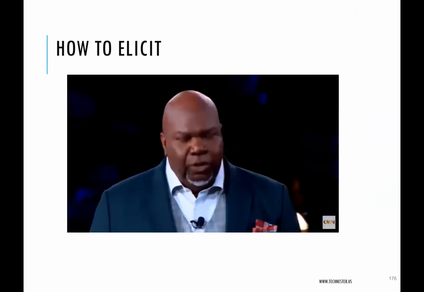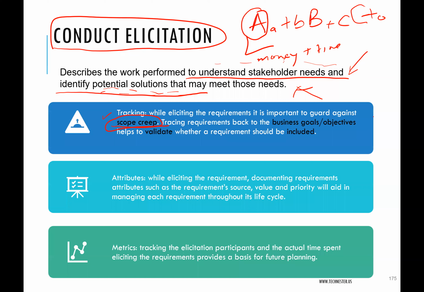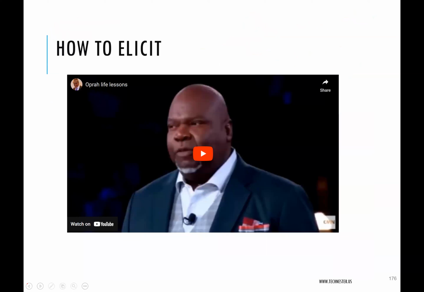So we got money for A, we got time and resources and approval for A. But we allow maybe stakeholders, which may be even our developers, to start adding stuff to the A, to the point where it swells up, it goes beyond what has been approved.